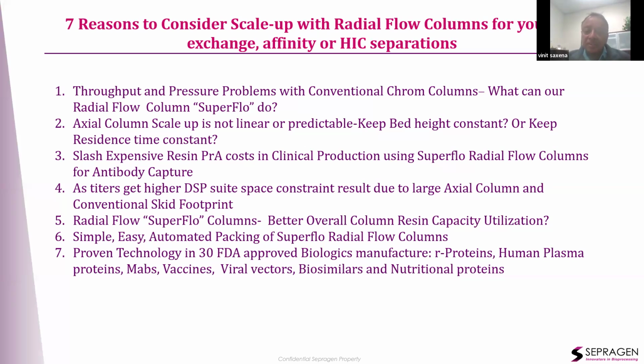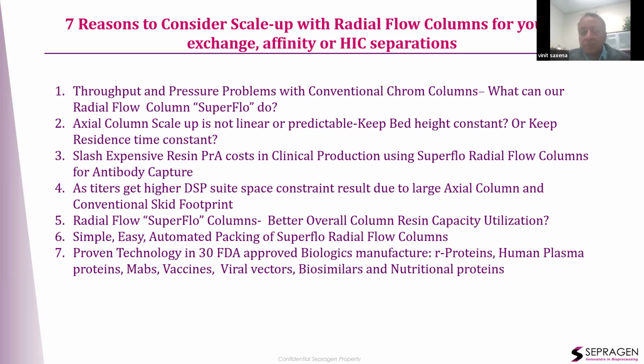You try to go faster, you get high pressures. You have to slow your process down, change your columns, increase your volume, increase the diameter, and it's a mess, right? You're optimizing things on the fly on a large scale. So what can radial flow columns do? We'll assess that.